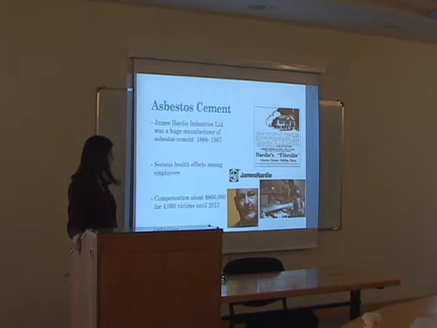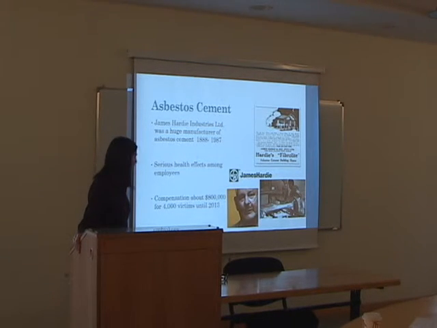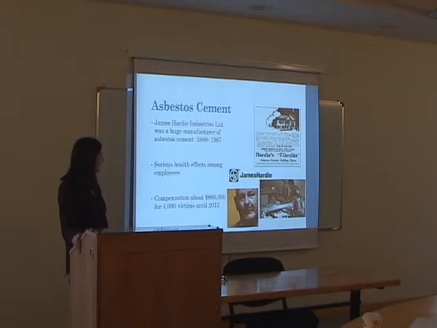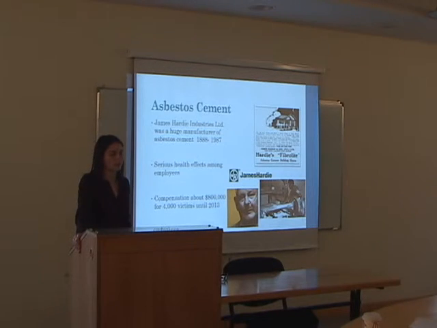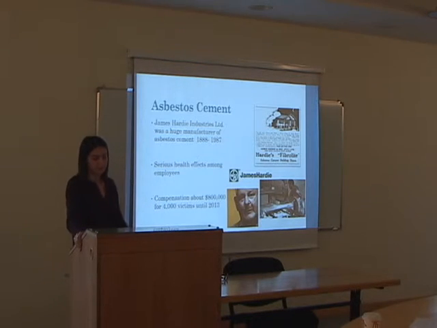The man in the picture, Mr. Benton, was an employee of James Hardie, and he got asbestosis and mesothelioma during his work. He was one of the fighters to get compensation for the victims of James Hardie Industries, and he passed away in 2007, but he did much work in this sphere, and until 2013, 4,000 victims got about 800 million Australian dollars in compensation.